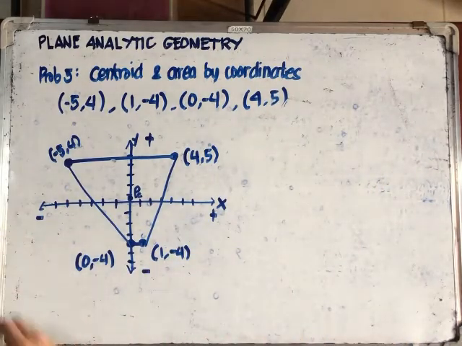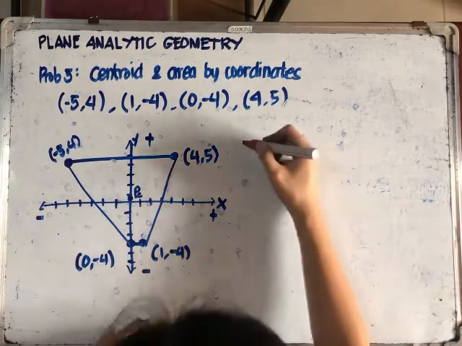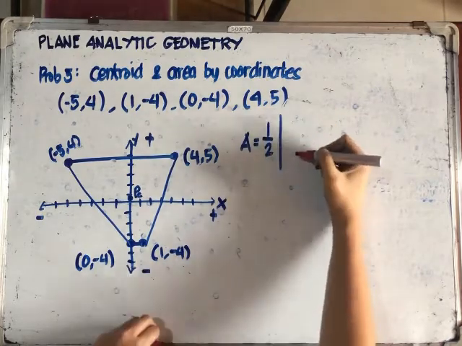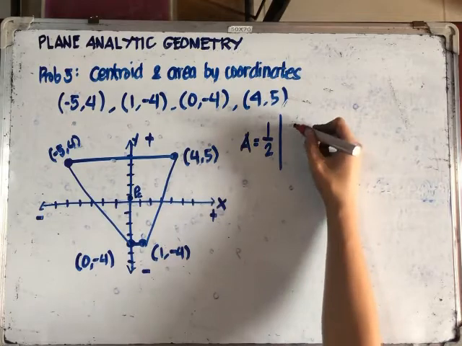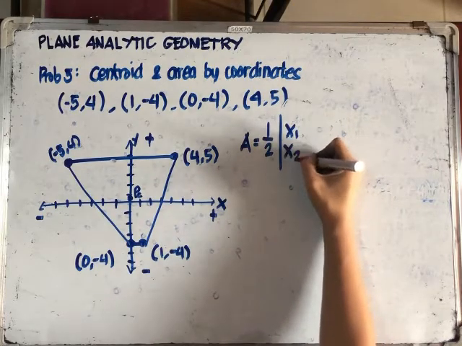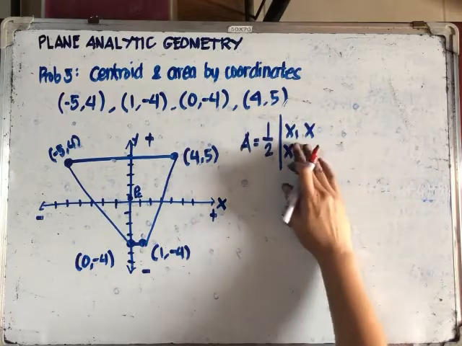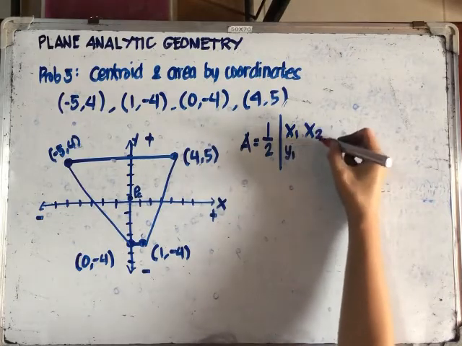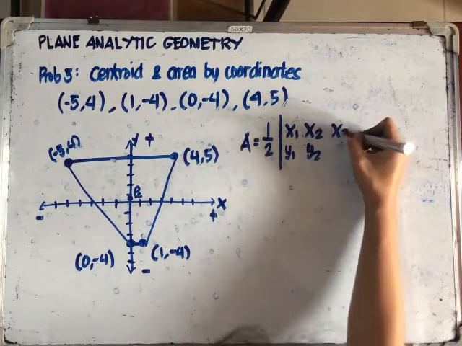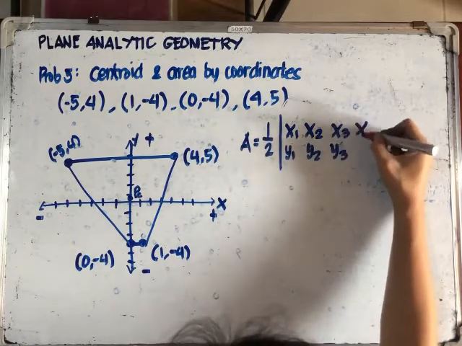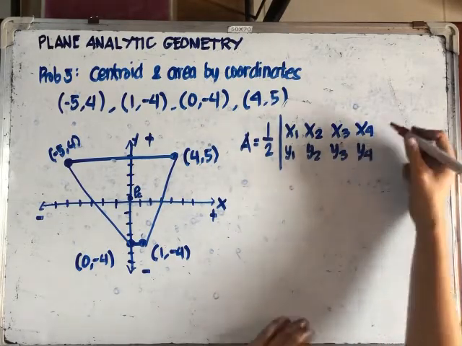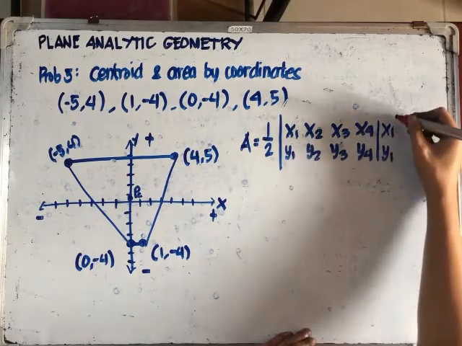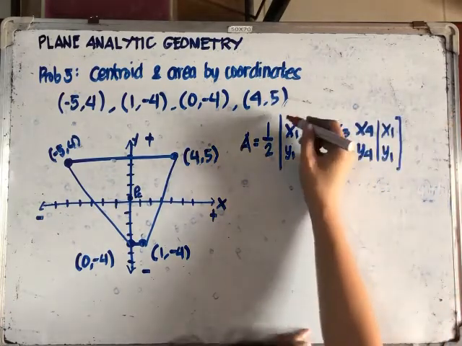So for area by coordinates naman, this is the matrix that we will follow. Area is 1/2 the absolute value of x sub 1, y sub 1, x sub 2, y sub 2, x sub 3, y sub 3, x sub 4, y sub 4, and then you go back with x sub 1, y sub 1, and take the absolute value again.